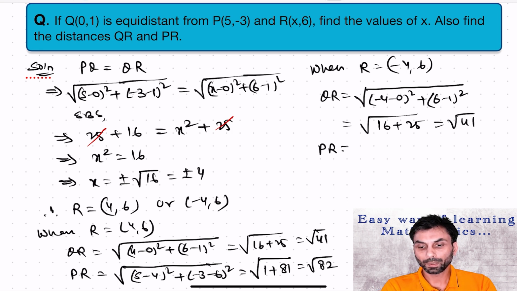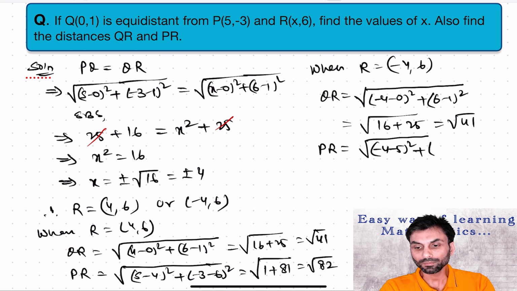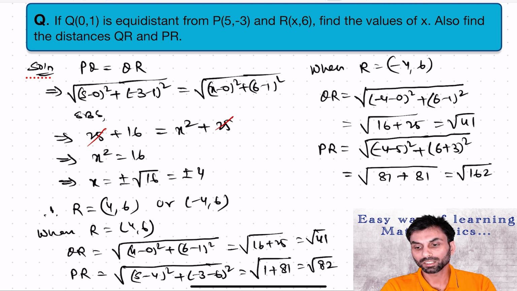And PR will be equal to (-4 minus 5) whole square plus (6 minus of minus 3, which is plus 3) whole square, that we will write as (-9) whole square is 81 plus 9 square is 81. We'll have the value as square root of 162. In this case, you can even write it as 9 root 2 also.